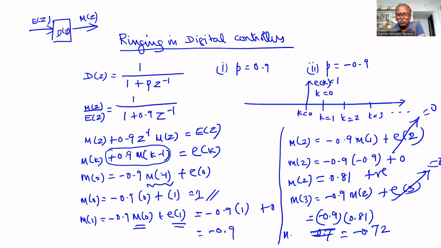M of 3 equals minus 0.72, a negative value. So initially it is positive, then it becomes negative, again it becomes positive, again it becomes negative.